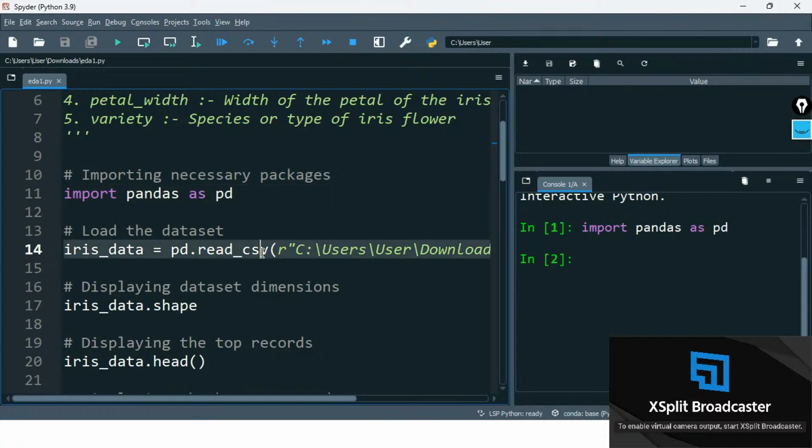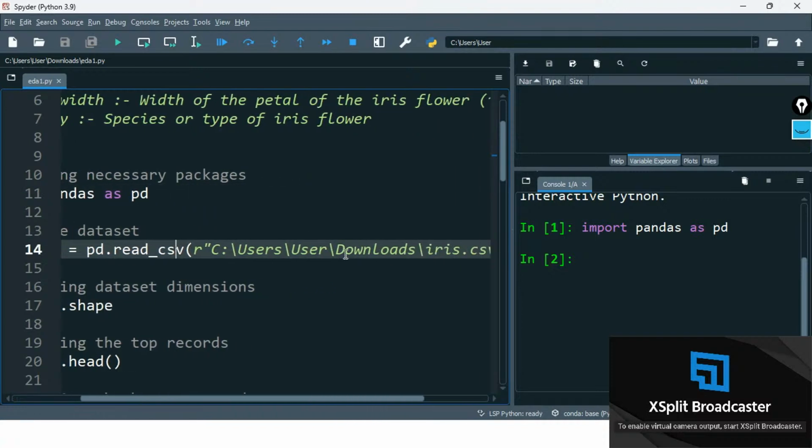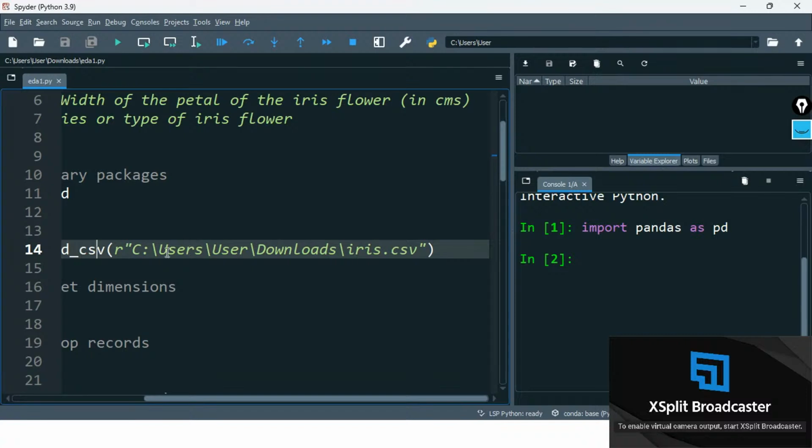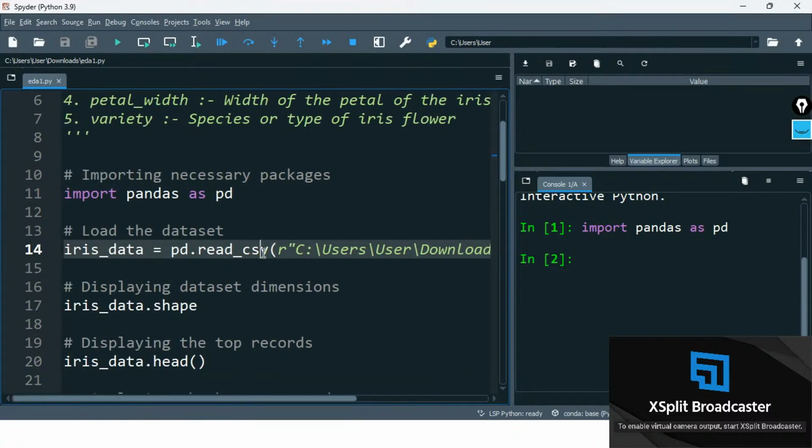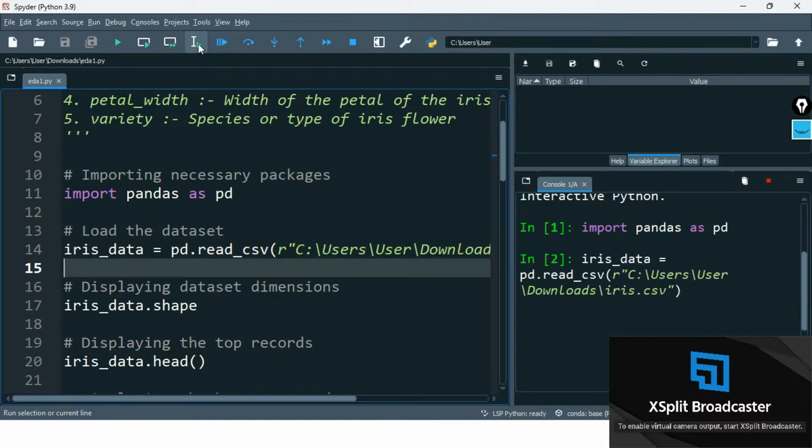So I'm reading a CSV file. This is the path in which I have the iris.csv file, and I'm reading it using read_csv from the pandas module. So pd.read_csv is the function, and I'm executing this line, and the data will be stored in iris_data.